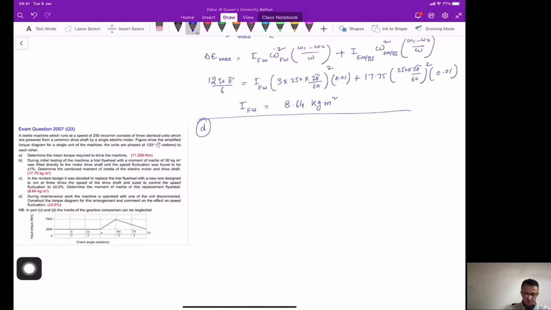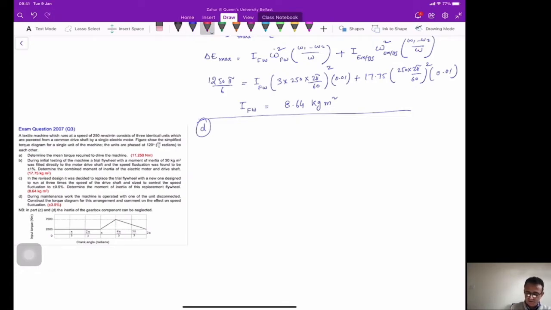So in the previous cases, A, B, C, there were 3 units, but now it will become only 2 units. So we will need to construct the torque diagram again for only 2 systems here.